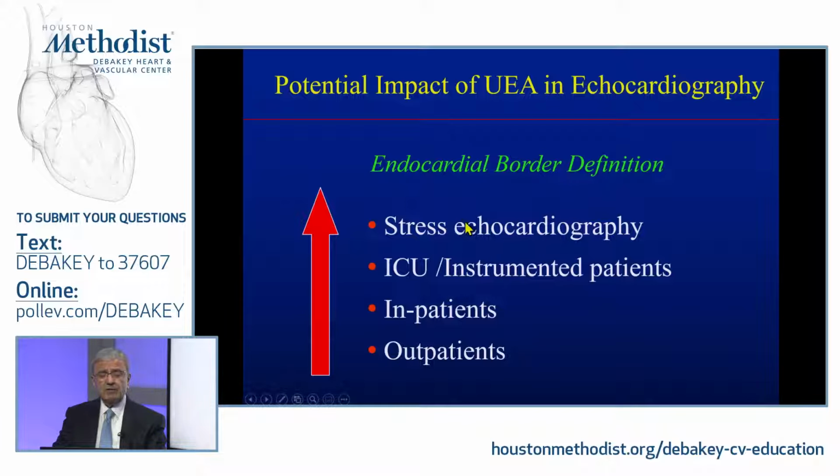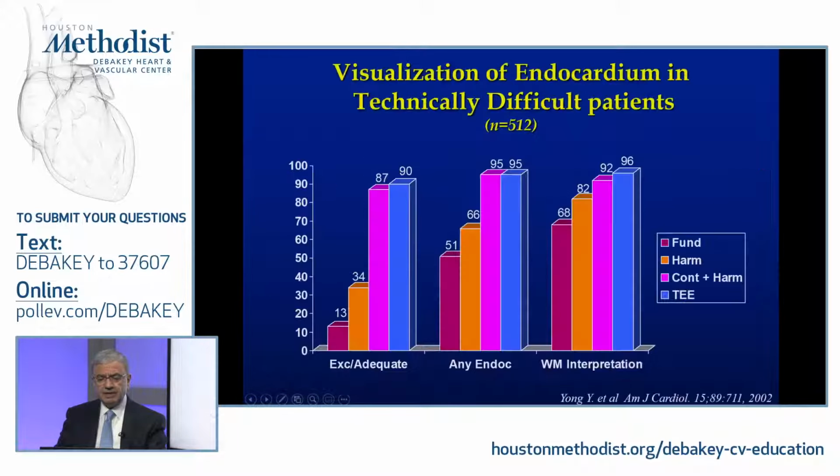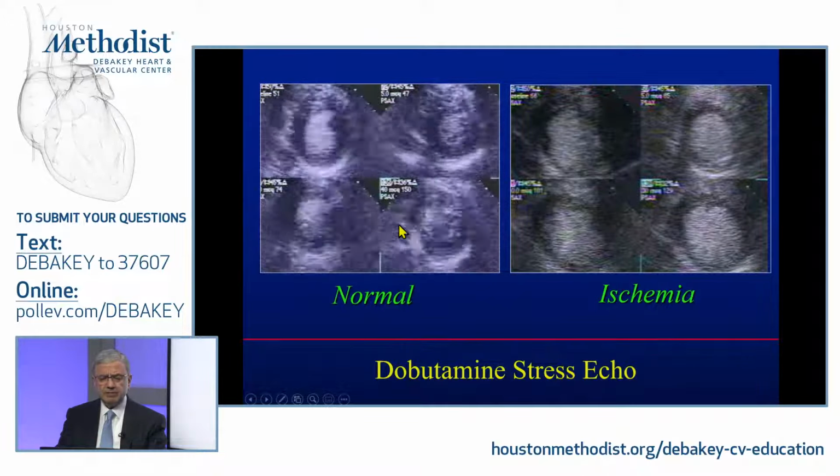So if you're starting with an image that is not pristine, you want to make sure that we use contrast for enhancement, and we'll share some of these data with you. In the ICU, the enhancement with contrast is almost similar to what you get by transesophageal echocardiography for visualization of the endocardium. So we know it is very powerful.